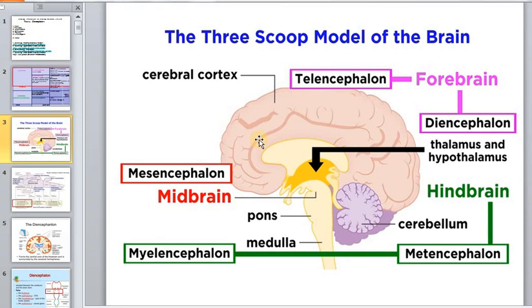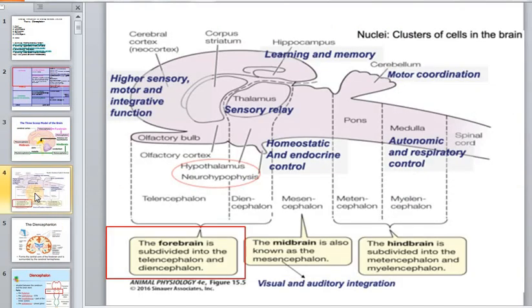I hope you saw our previous practical, and here we know the forebrain, and this part, the diencephalon, thalamus and hypothalamus. And one more picture, hypothalamus, neurohypophysis, but it is just the endocrine part of the brain, and we will discuss this part in the future when we study endocrinology.